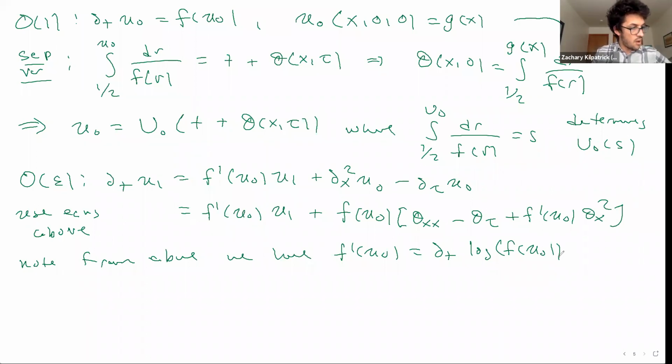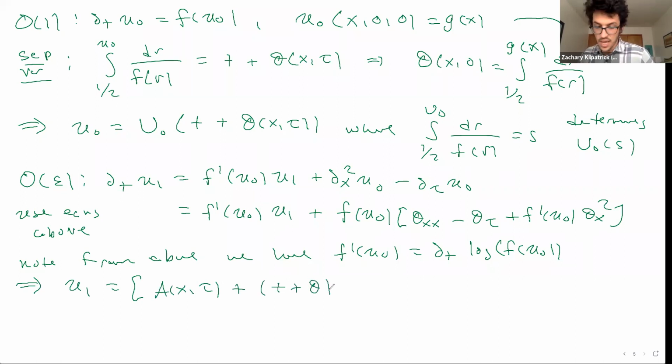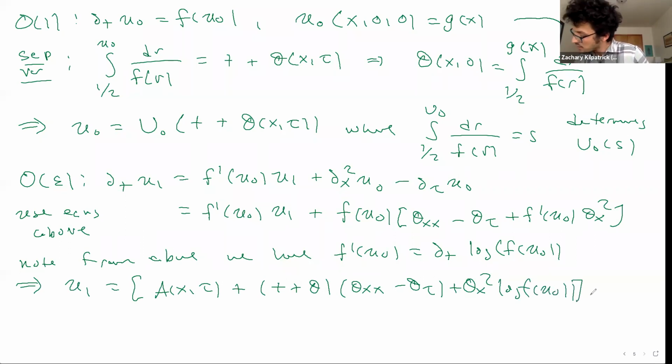So we can solve for an expression for u1. u1 is equal to a of x and tau, times f of u0, plus (t plus theta) times (theta xx minus theta tau plus theta x squared) log of f of u0 times f of u0.